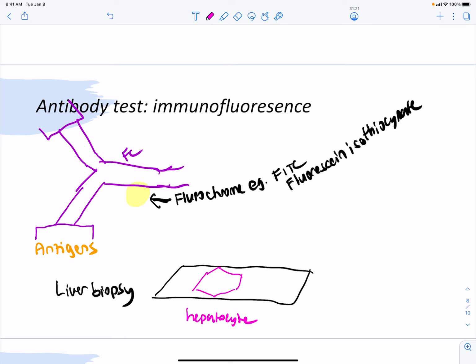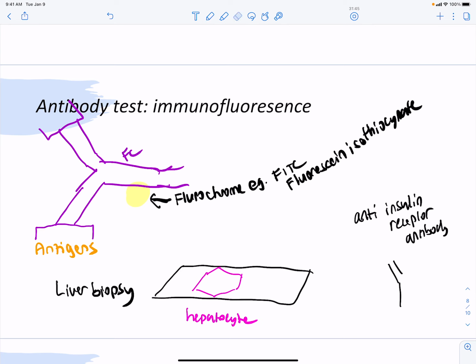And let's say that you know that the hepatocyte has an insulin receptor on its surface. So you can generate an antibody, an anti-insulin receptor antibody. And so you would make this antibody.